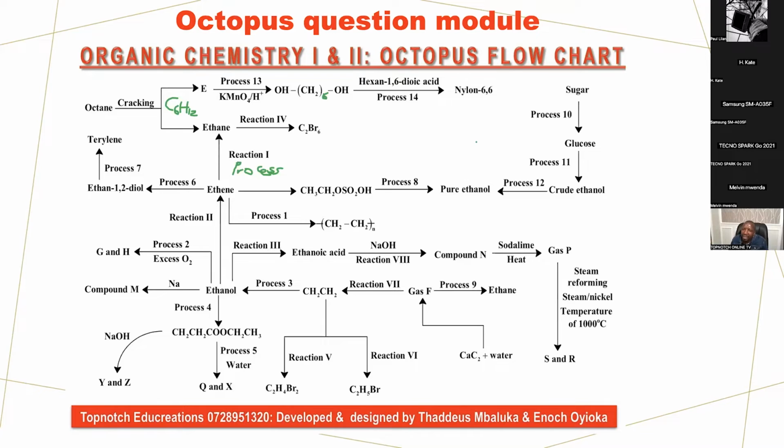So what is the condition for fermentation? Enzymes, from yeast, the one that gives out the enzymes. And what is the temperature there? 37 degrees.